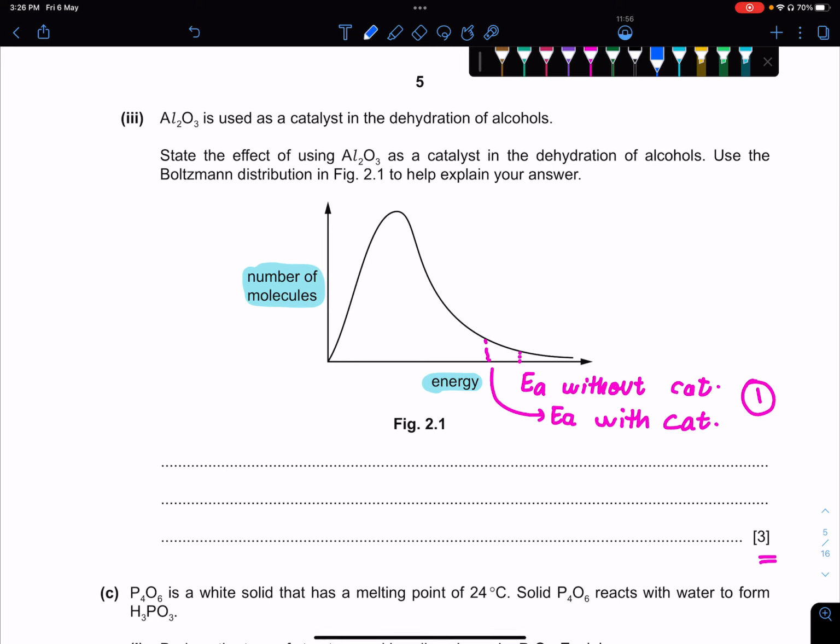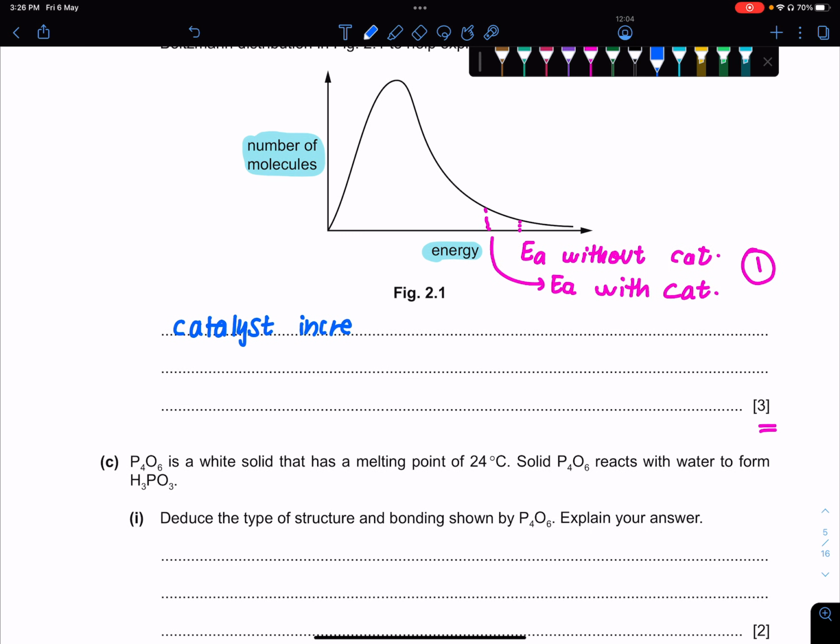Now you gotta explain that. So you gotta write that catalyst increases rate of reaction. Don't write rate of reaction like this; I'm just abbreviating to save time, write the full form. Catalyst increases rate of reaction by lowering activation energy.